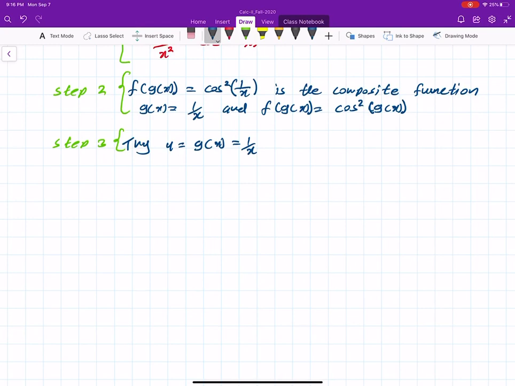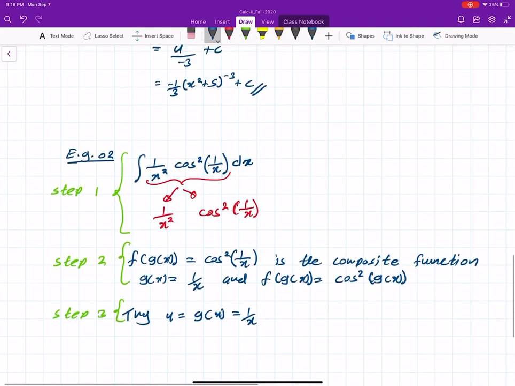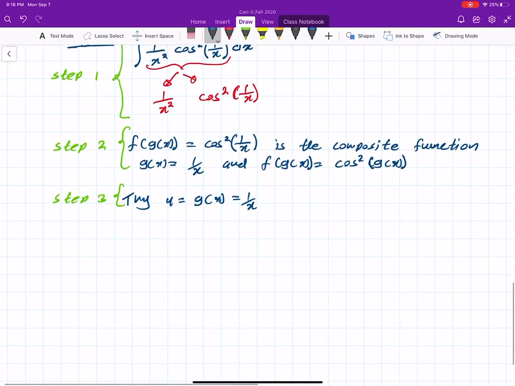Now you know your substitution, which is 1 over x. Let me rewrite the given problem because that's convenient: 1 over x square cos square 1 over x dx.